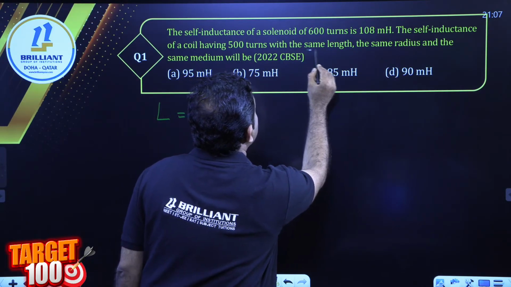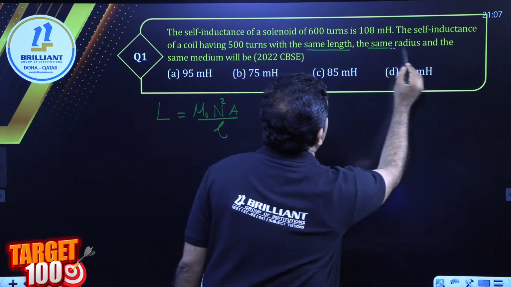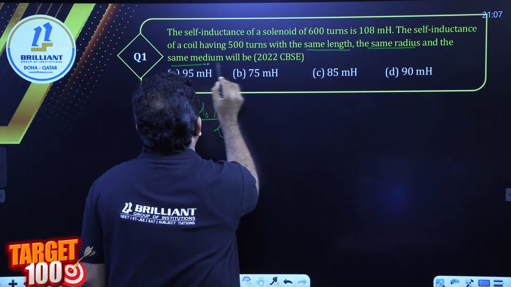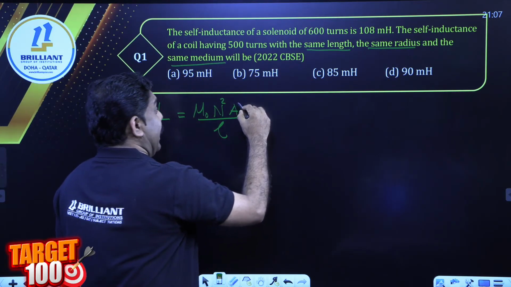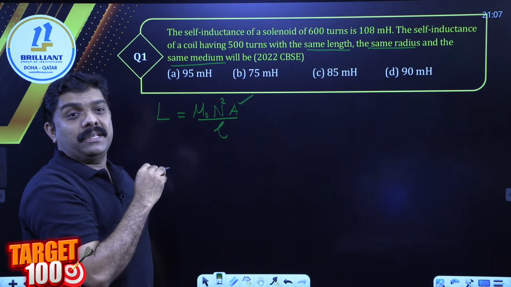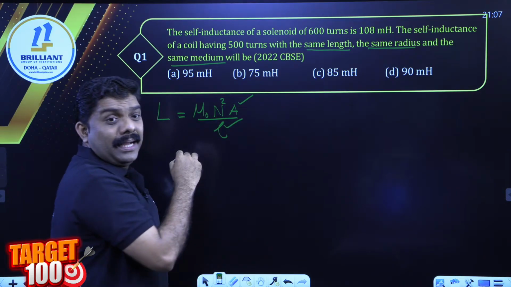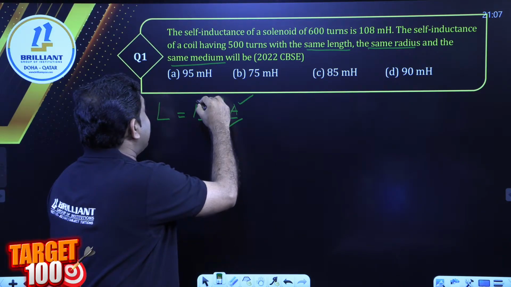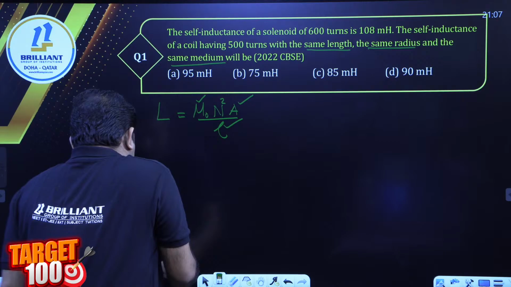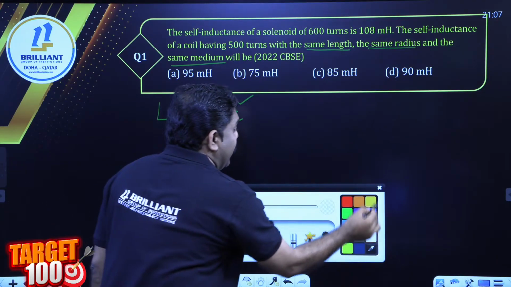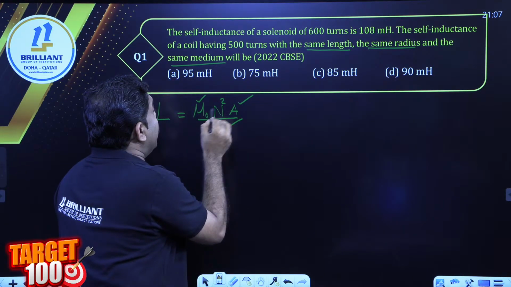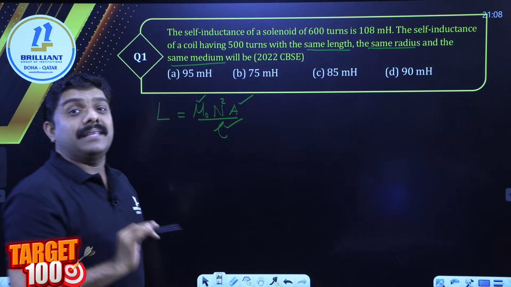Radius is the same, so area will be the same; length is the same; and medium is the same.